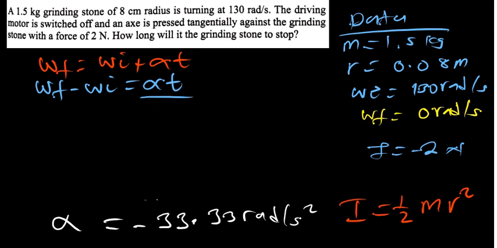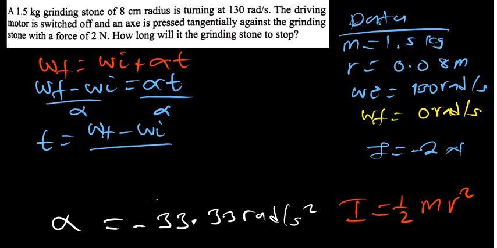I'll divide both sides by alpha. T will be equal to omega final minus omega initial divided by alpha.